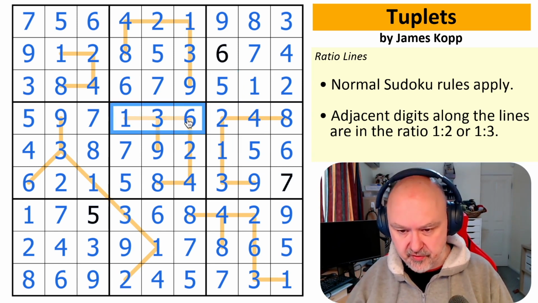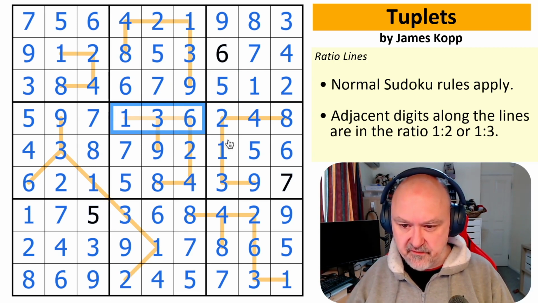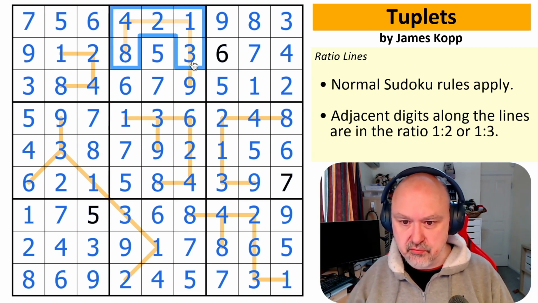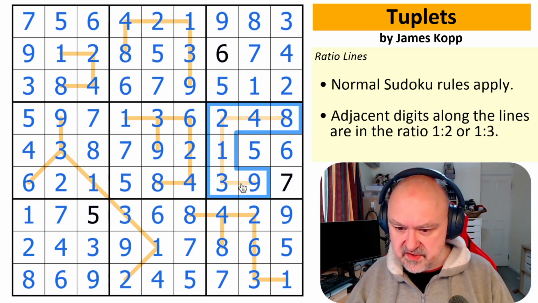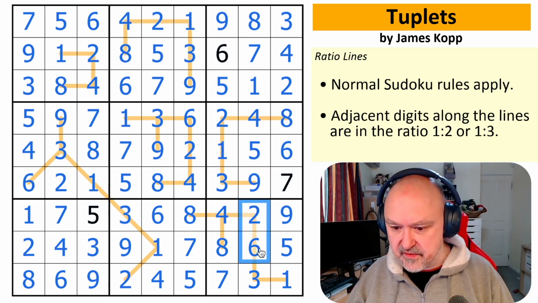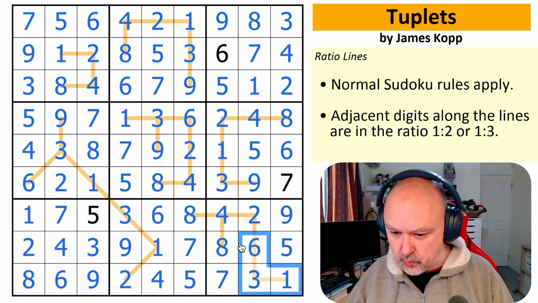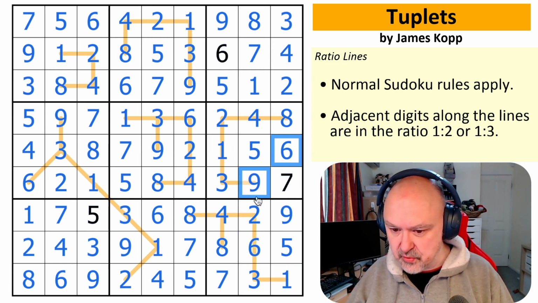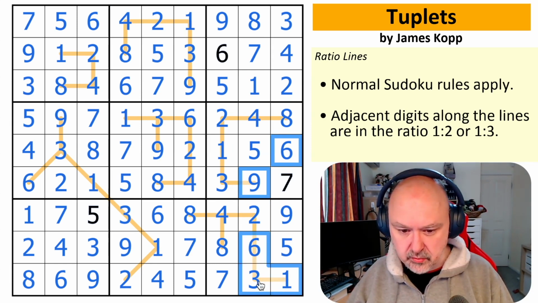And when you get a run of them, they're incredibly restrictive. And this was just long runs of ratios. But yeah, that's a very, very cool concept. And I really loved the way the 6s down here bounced off each other and forced all this to be resolved. That was very cool.